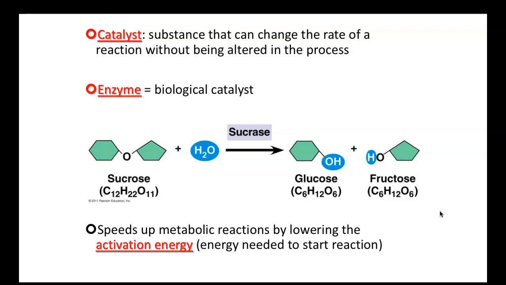I need to give her a little push at the top. And then it turns into a spontaneous downward motion because of gravity. So an activation energy would be the little push that's given at the very beginning of a chemical reaction. And so that push that's needed, an enzyme is going to lower the energy that's required for that first initial push for a chemical reaction to happen.